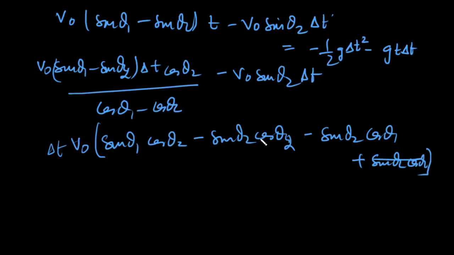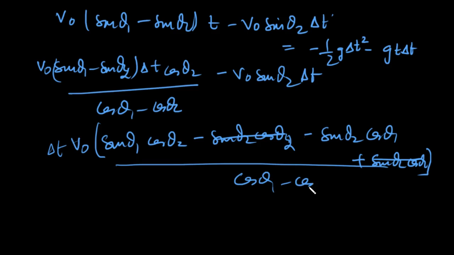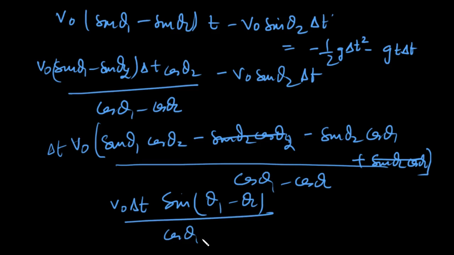Okay, this gets cancelled out. Divided by cos of theta 1 minus cos of theta 2. So LHS is v naught delta t times sine A cos B minus cos A sine B. This means sine (A minus B). Okay, divided by cos of theta 1 minus cos of theta 2. This is equal to minus half g delta t square minus g t delta t.